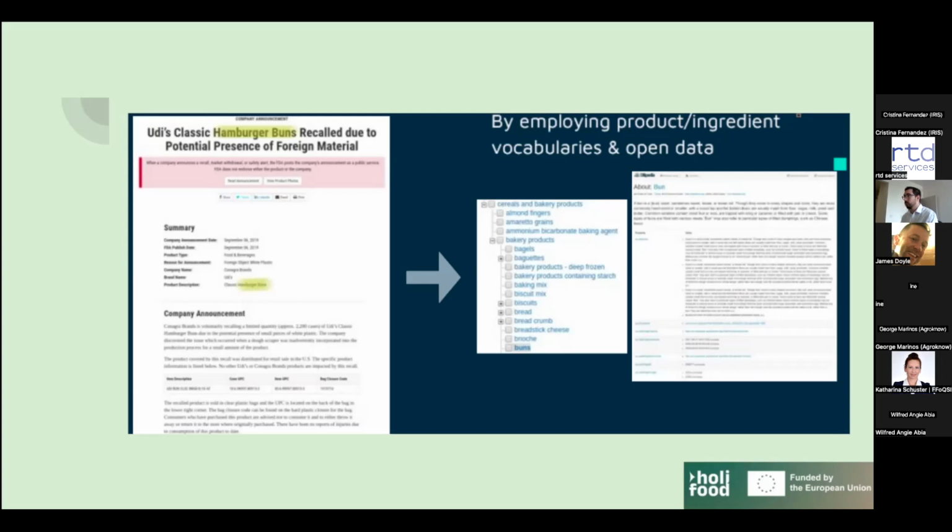And we try to extract this entity and put it in a specific vocabulary, and we already have a fixed vocabulary, an ontology of various ingredients and how they are structured in a hierarchical view.